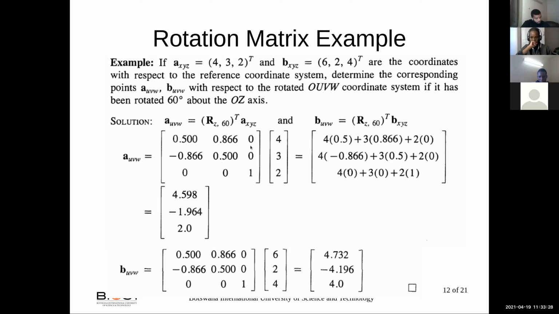If we express in terms of the A, U, and V, given the A vector in X, Y, and Z, then we are computing for the A, U, and V.